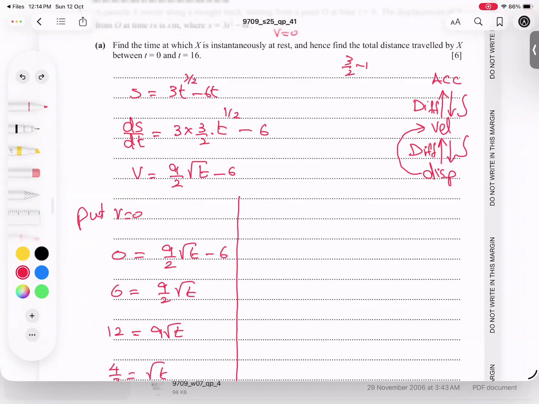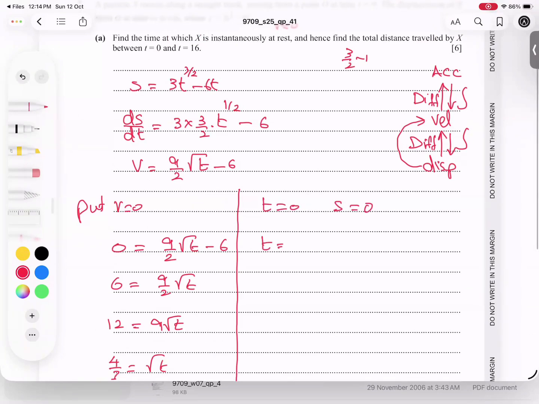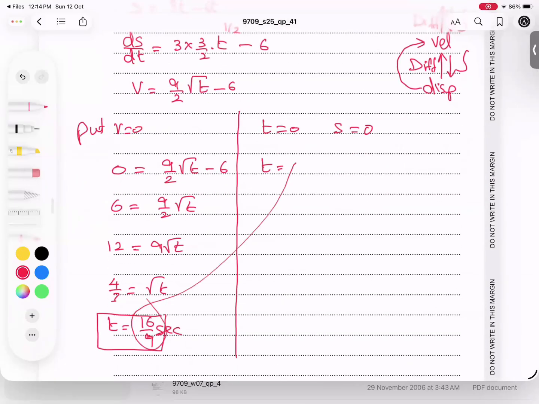First of all, the best way is to plug in different situations. Plug in 0: you know very well, when time is 0, s is 0, because when I plug in 0 in this equation, I get 0. But because the particle stops at 16 over 9, I'm bound to replace t with 16 over 9.